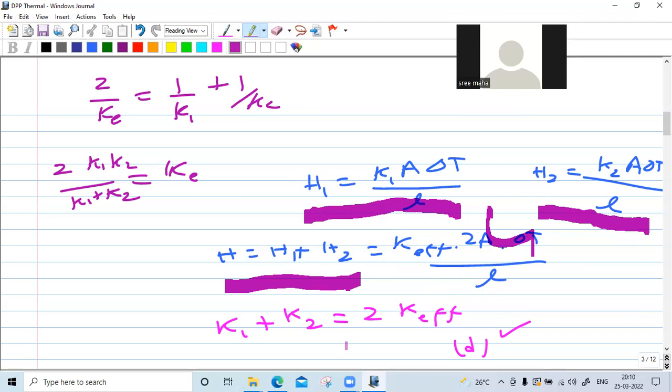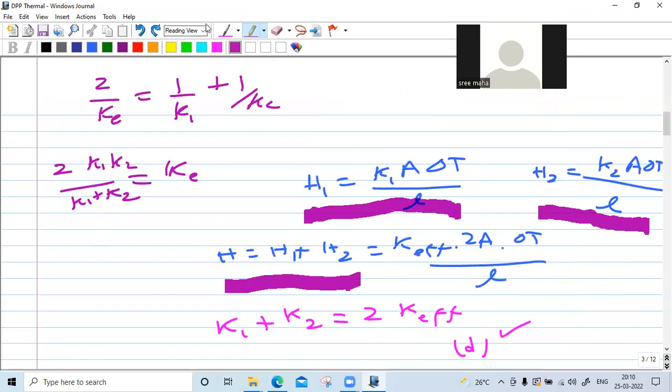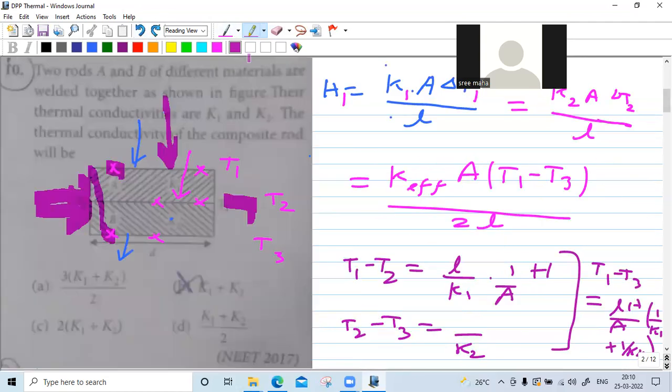Is this step clear? H equal to H1 plus H2. H is the total heat that is sent to the left side. On the left side of the composite, it is the heat that's sent through A plus the heat that's sent to B, right?